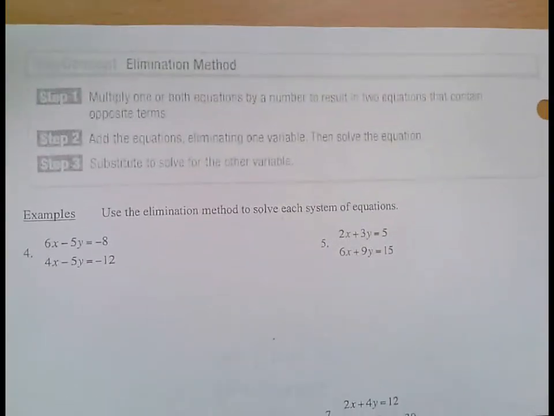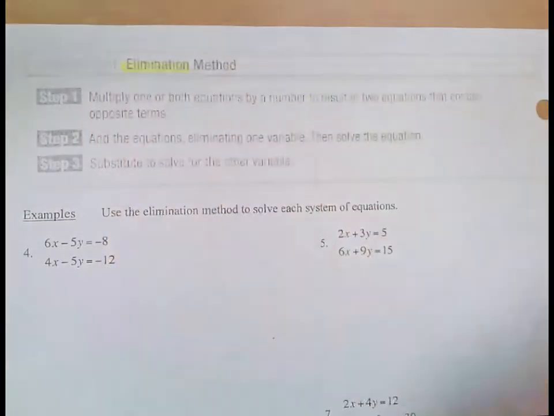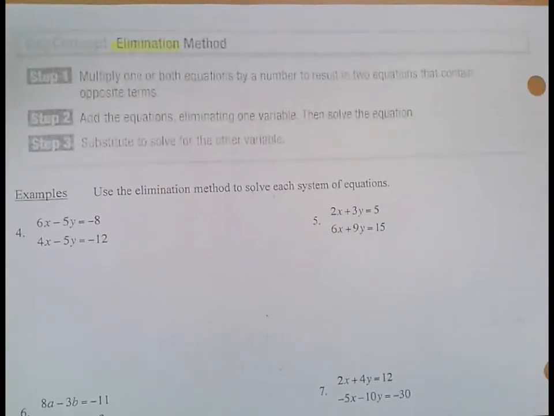All right, but for the elimination method, some Algebra 1 curriculums call the elimination method something different. So if you haven't heard elimination before, but you've heard linear combination method, they're the same thing.